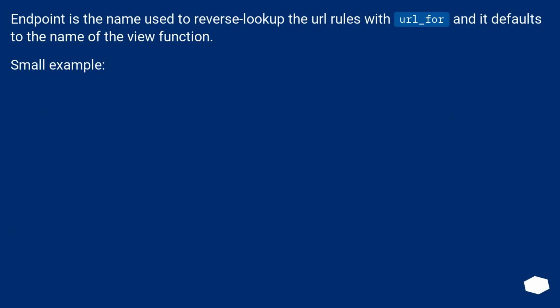Endpoint is the name used to reverse lookup the URL rules with url_for, and it defaults to the name of the view function. Small example.